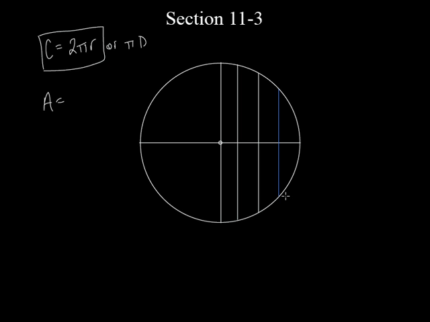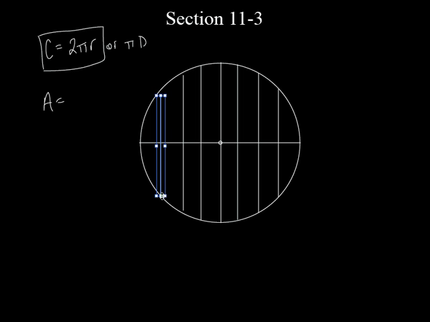This is not really a proof or anything, but this is kind of what you're finding. If I was to take this and split it up, it's probably off a little bit, isn't it? I don't know if this is going to work out too great, but we'll see. Probably scooch that over a little bit more. I'm just trying to get them to be about the same distance apart.